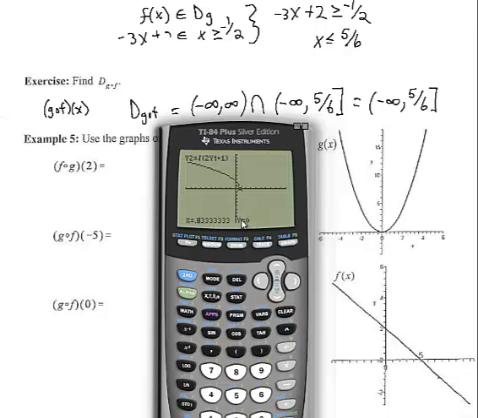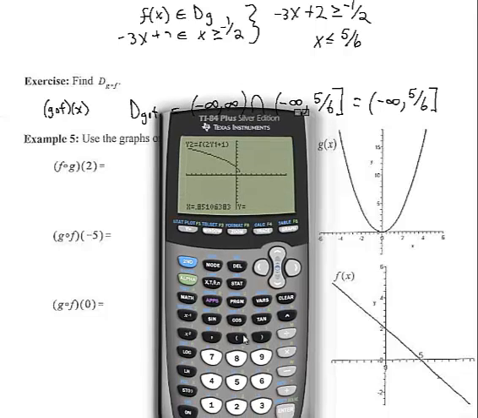But if I type in anything greater than 5/6, let's say I type in 0.84, so I'll hit trace again and I'll enter 0.84, enter. We have no y output. That's because 0.84 is beyond 5/6. It's not in the domain.